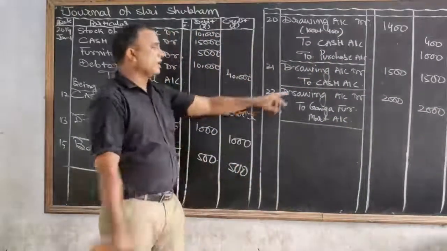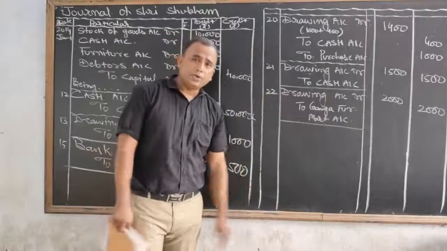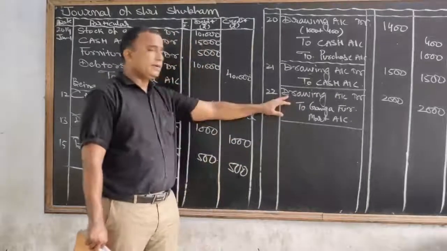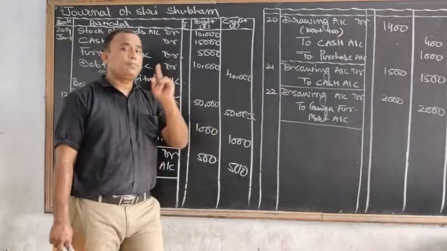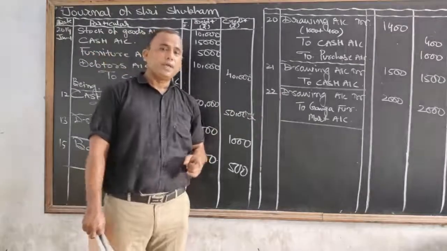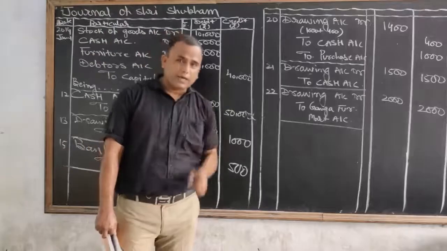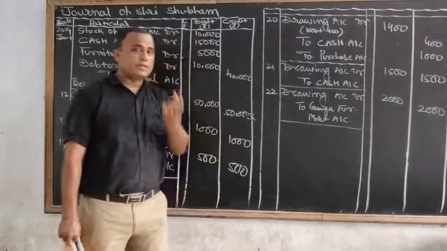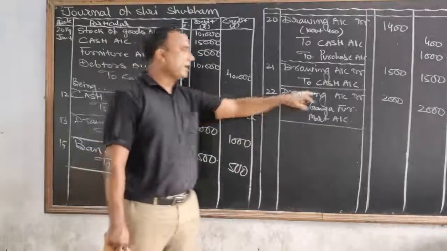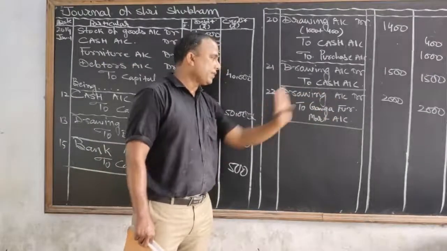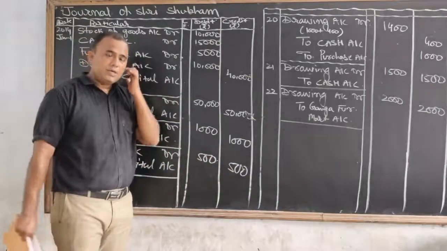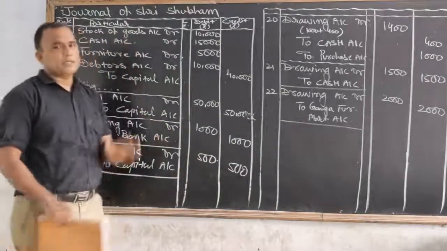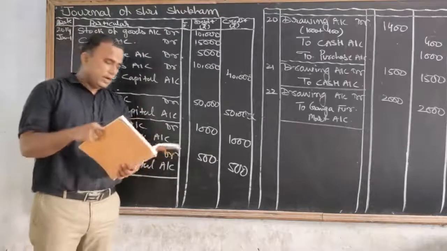Drawing account debit to Ganga Furniture Mart account 2000 and 2000. Okay, now repeat again. If we purchased furniture for the business, at that time furniture account is affected. But we purchased furniture for the house, so it becomes a personal expense. That's why drawing account debit to Ganga Furniture Mart account. Being purchased furniture for house.